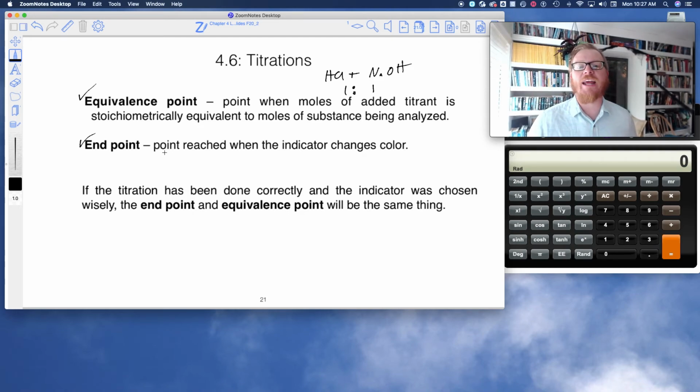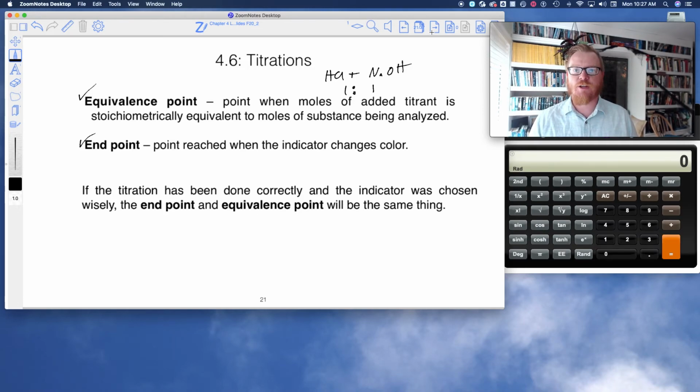So the equivalence point and the end point aren't always necessarily the same thing. But if you've designed your experiment correctly, they will happen at a very similar point. So if the titration has been done correctly and the indicator was chosen wisely, the end point and the equivalence point will be the same thing.